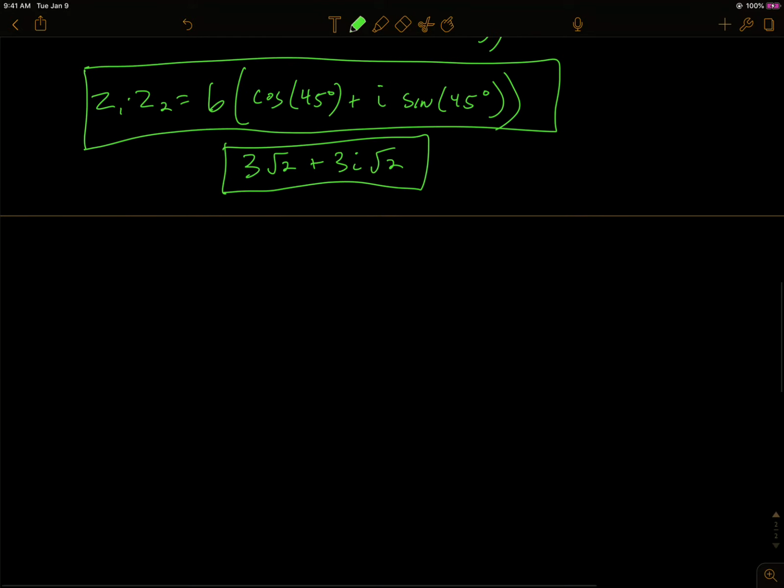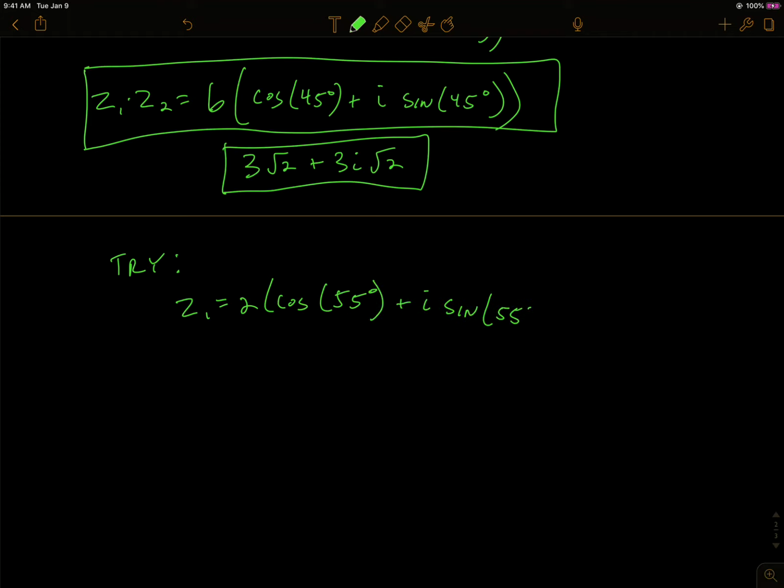All right, so I'm going to have you try one. So you're going to try multiplying these two complex numbers in polar form. 2 cosine of 55 degrees plus I sine of 55 degrees.